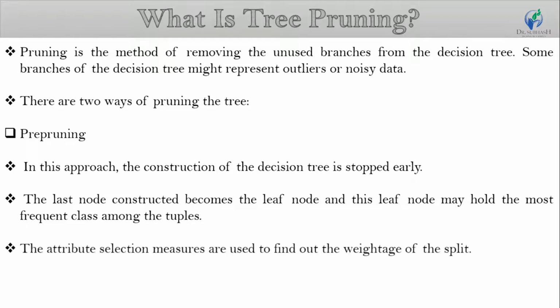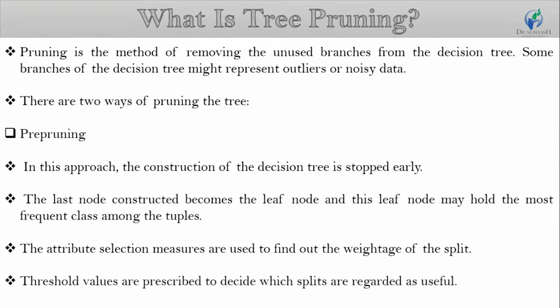The attribute selection measures are used to find out the weightage of the split. Threshold values are prescribed to decide which splits are regarded as useful, or we can say if the partitioning of a node results in a split falling below the threshold, then the process is halted.